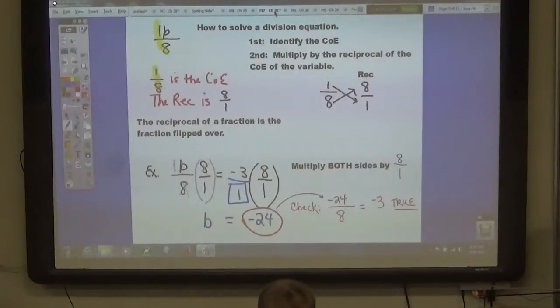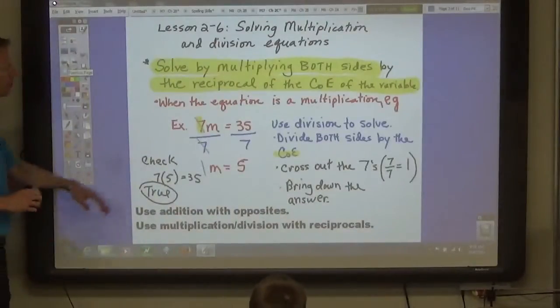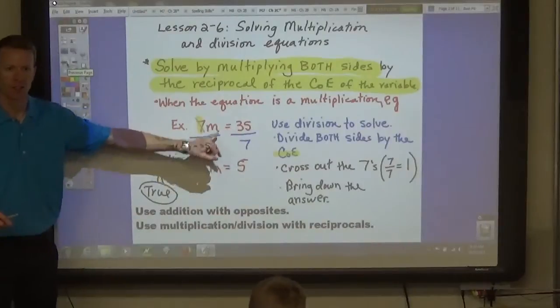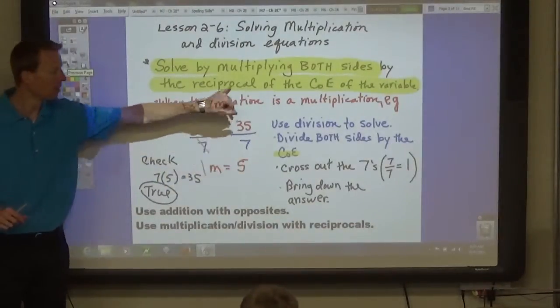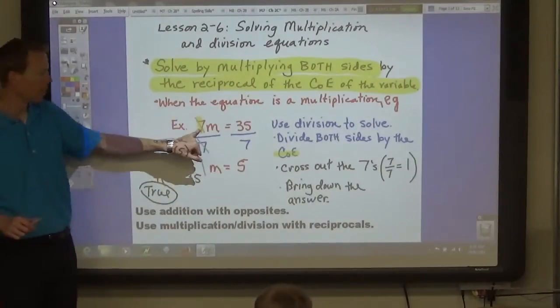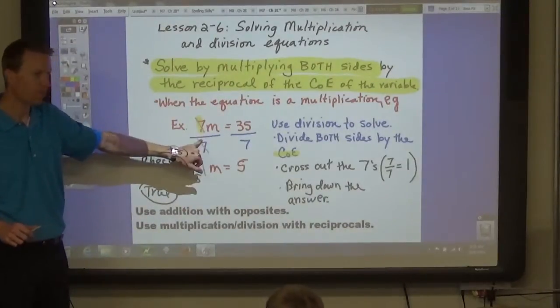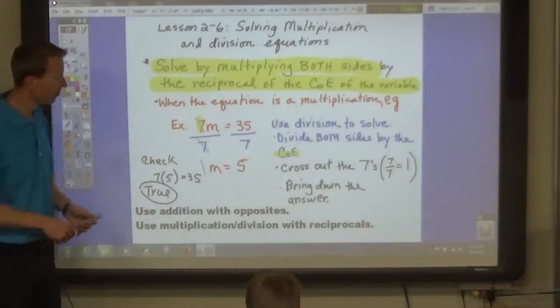All right, 7th graders. In lesson 2.6, we have talked about how to solve a multiplication equation. And we use division, which is the same as multiplying by the reciprocal of the coefficient of the variable. We know it's dividing because we have a whole number as our coefficient.